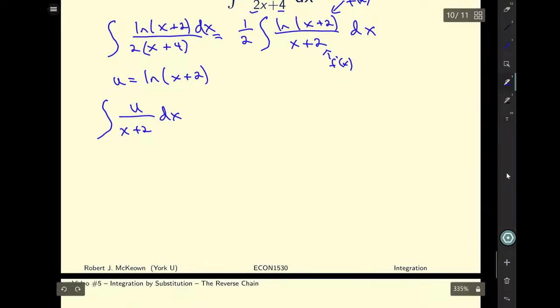Now I've got the u here. What's the derivative of u with respect to x? It's 1 over x plus 2. I can rearrange this so that I've got du is equal to 1 over x plus 2 dx.